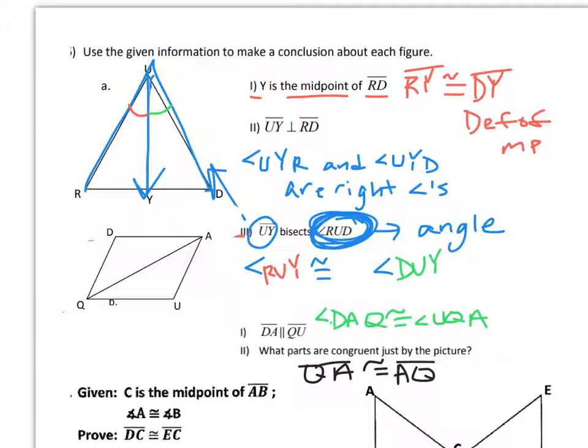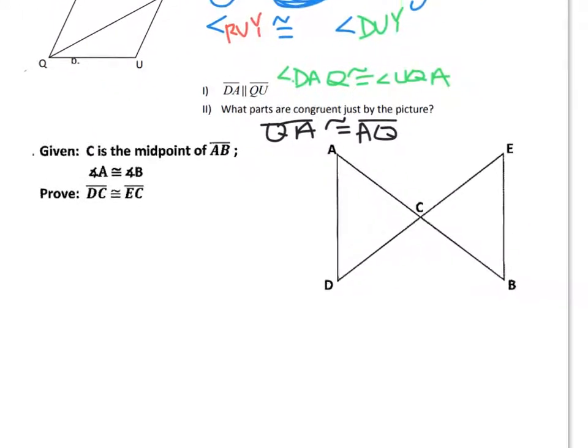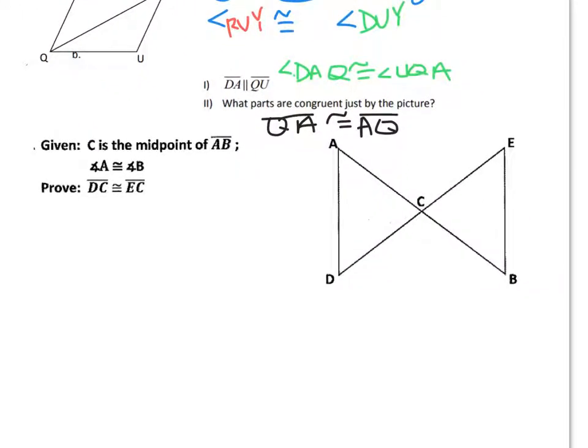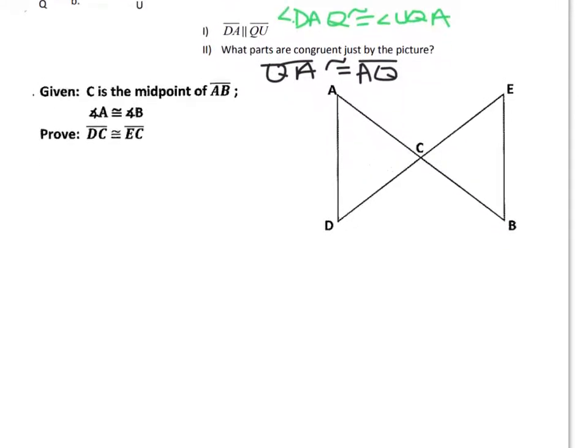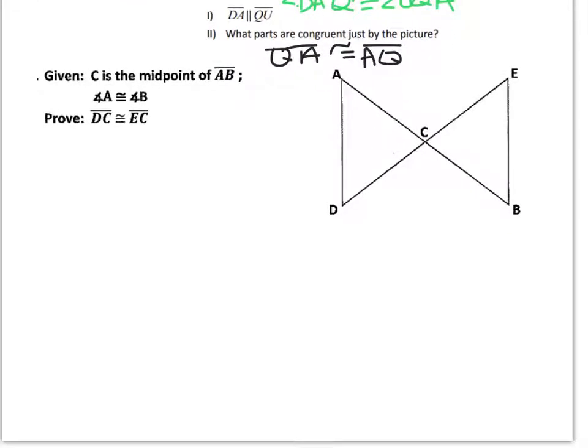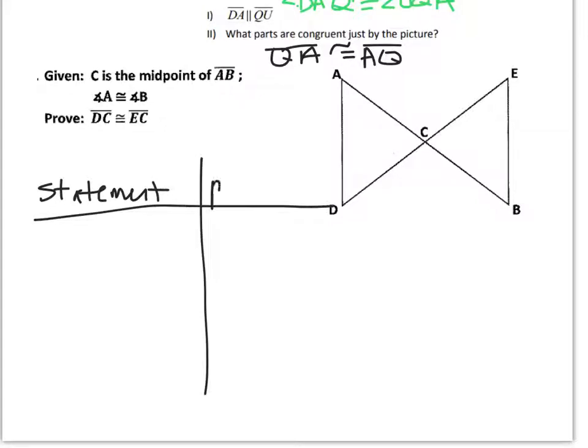So let's do one proof together. Given C is the midpoint of AB and angle A is congruent to angle B, prove that DC is congruent to EC. Alrighty. So what do we always start with in a proof? We start with our givens. So I have my statements and I have my reasons.